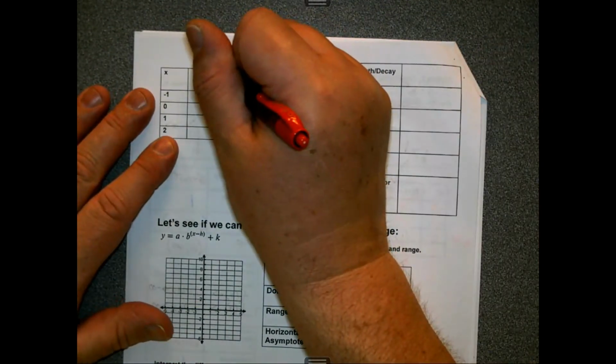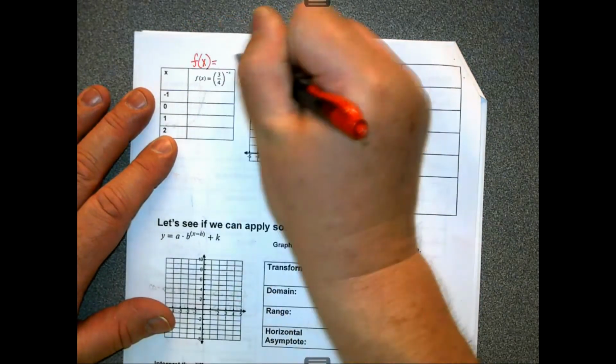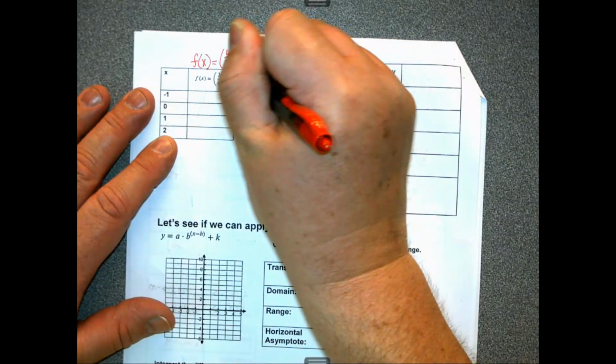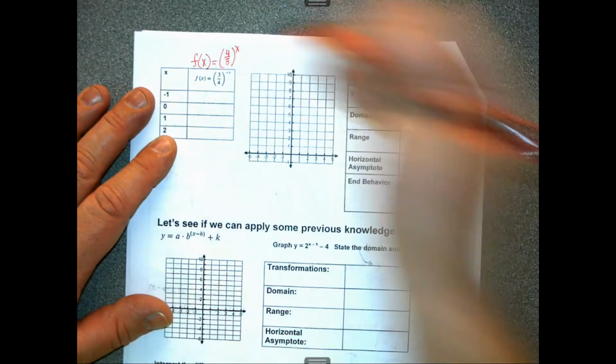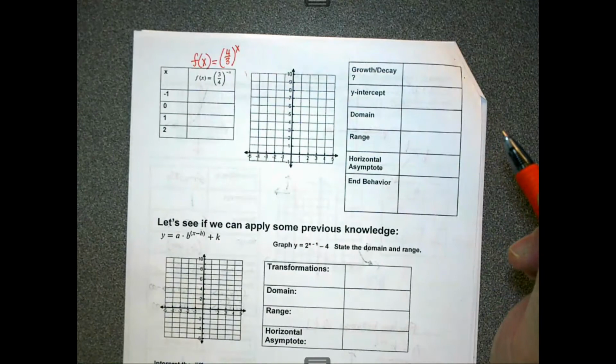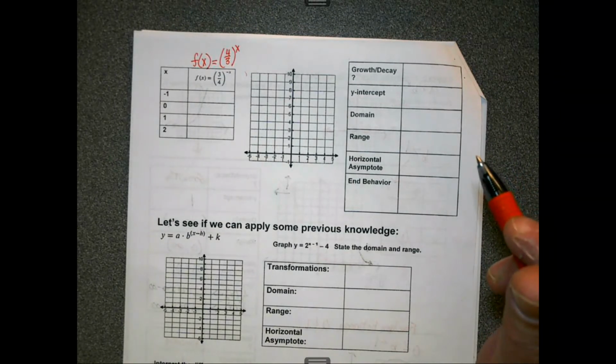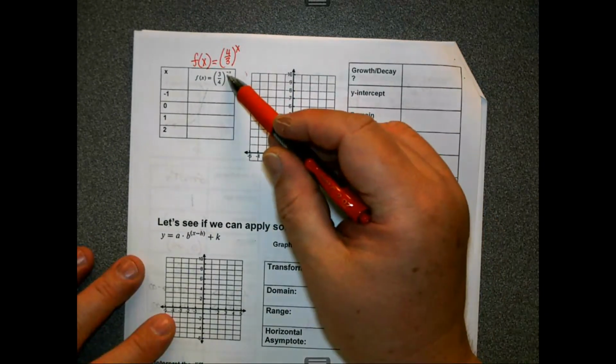So another way of writing this is f of x equals 4/3 raised to the x, because we're flipping that to make it positive. You don't have to, we're going to put it in our calculators as this.